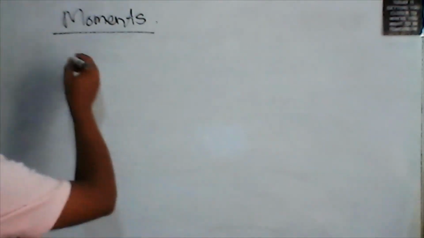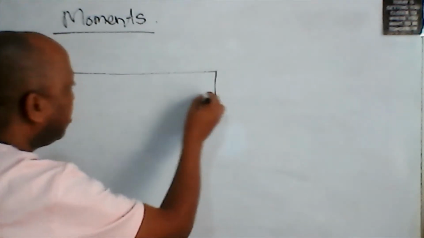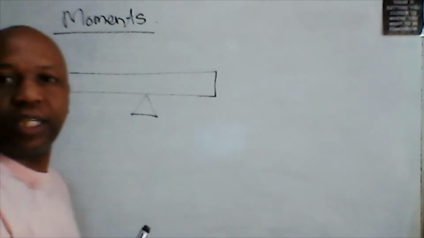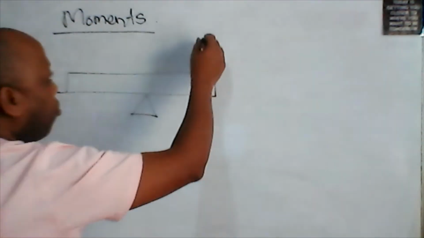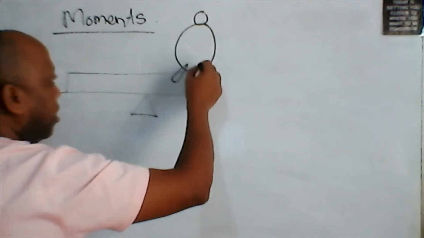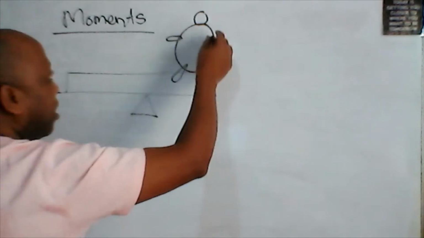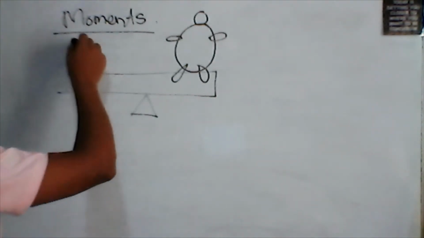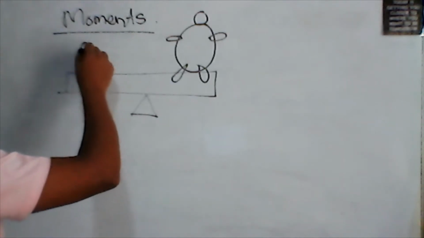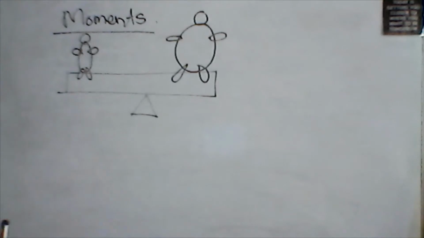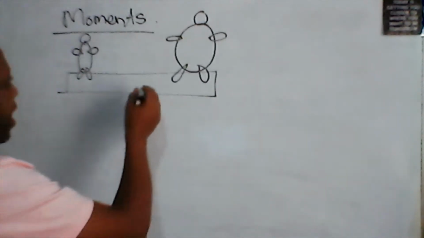Suppose that we have a seesaw and two people are sitting on it. Just to make this interesting, let's say one person is quite large and the other person is not so large.